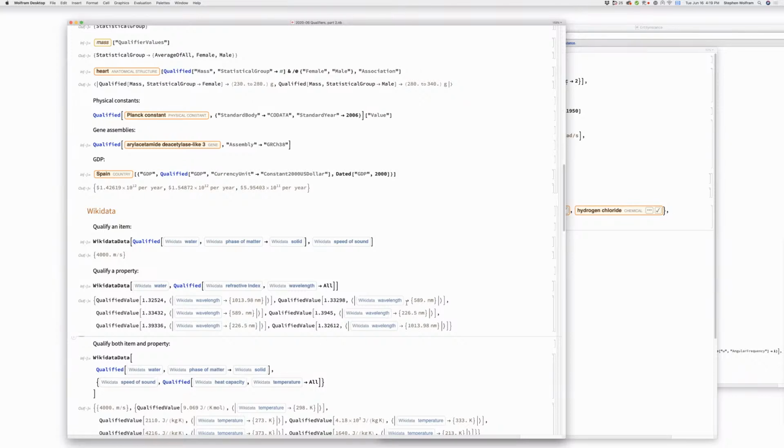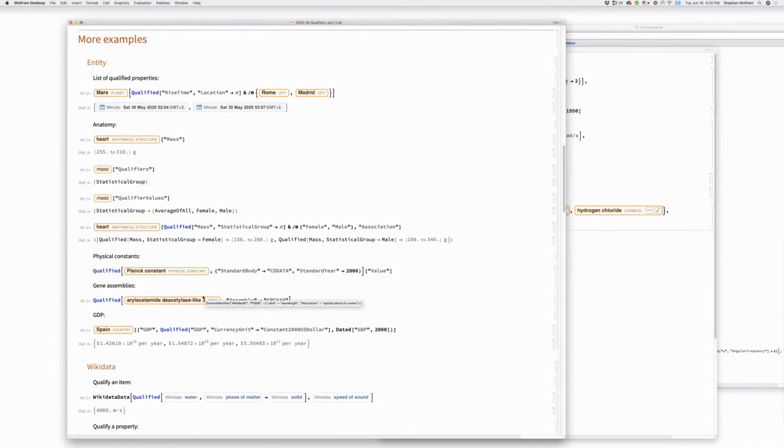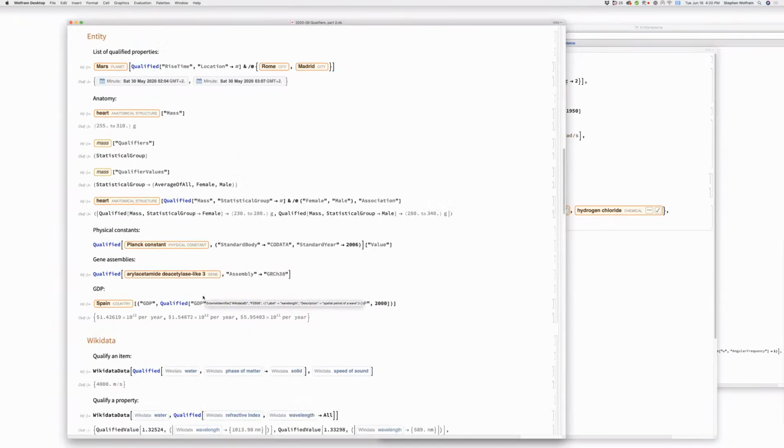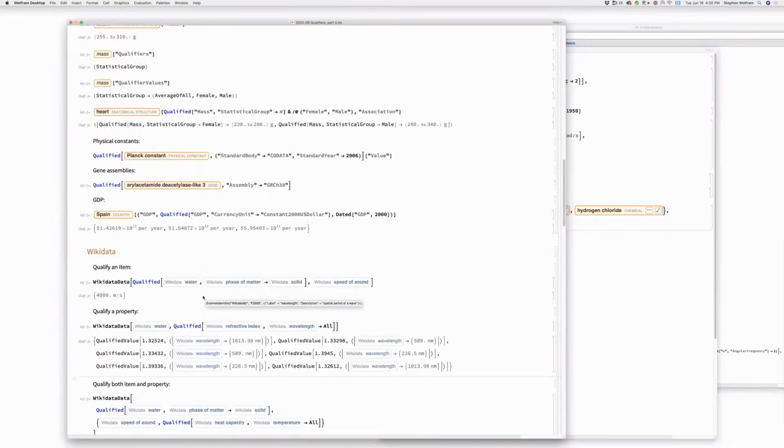The one thing that I was wondering about this, and we had this discussion a couple of months ago, is that it is qualified and we get this additional information that is partially specified in the input, but at the same time, we lost something. We lost the information about refractive index. So I was actually wondering if we should preserve everything.